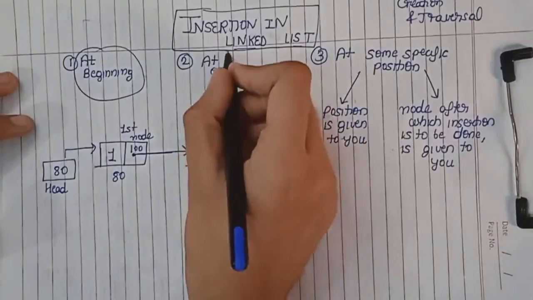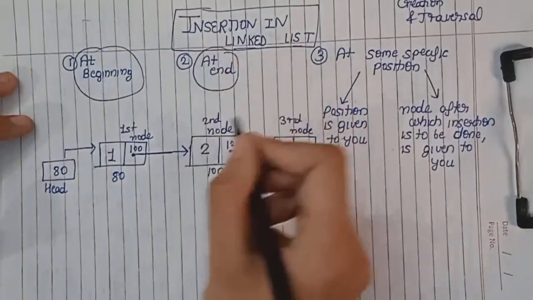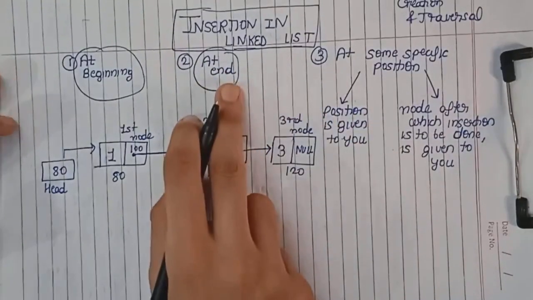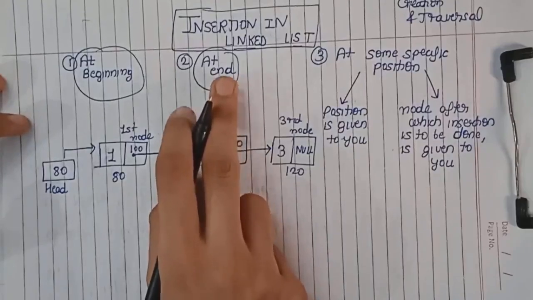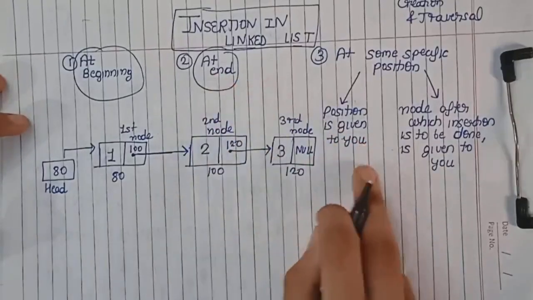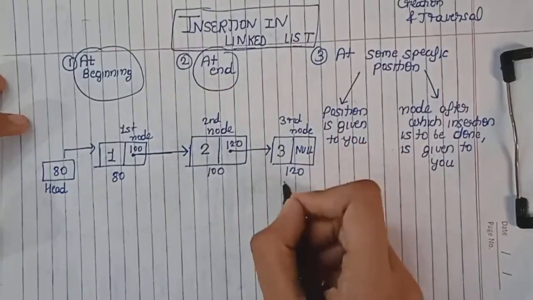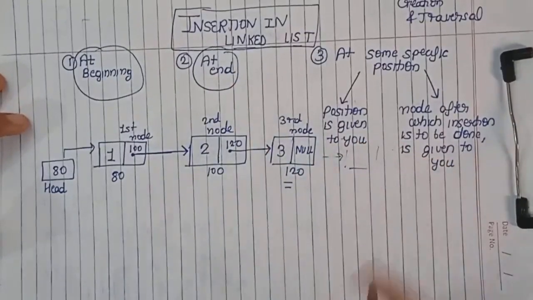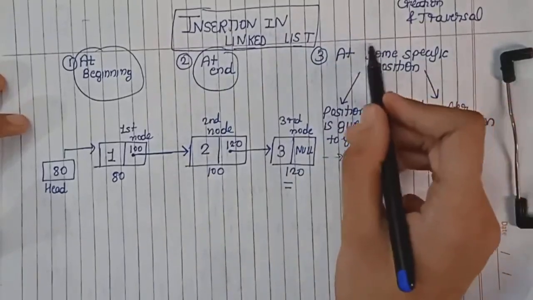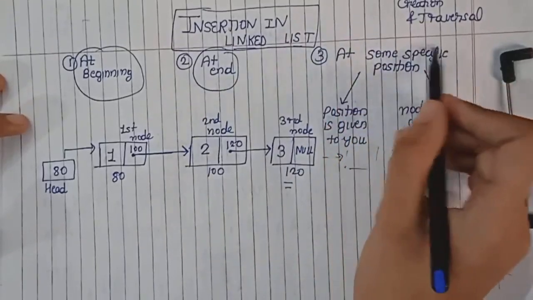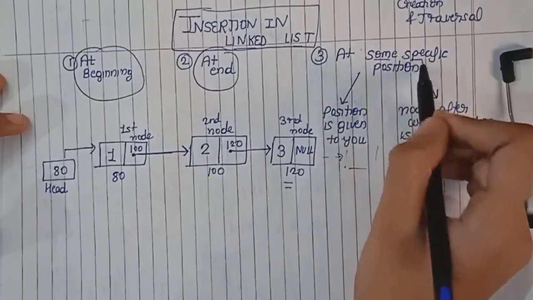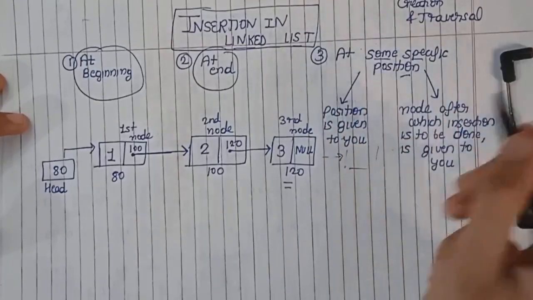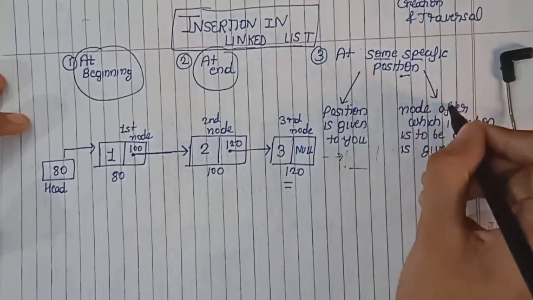The second way is insertion at the end. That is, we need to insert the node at the end of the linked list, here, after this last node, you need to insert a new node. And the third is that we need to insert a new node at some specific position, and this can be done in two ways.